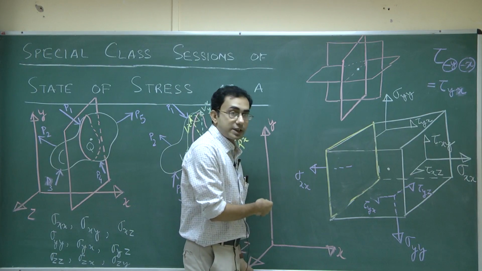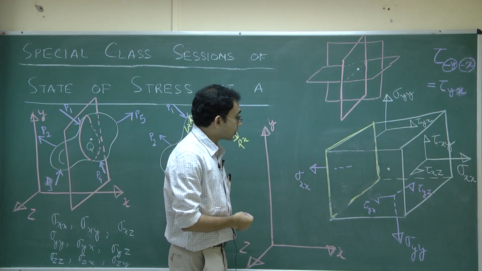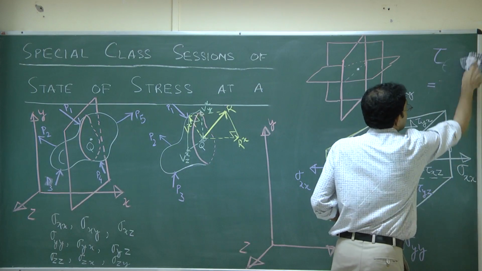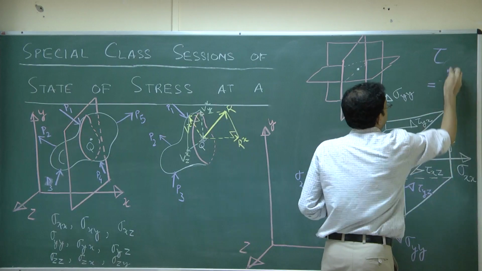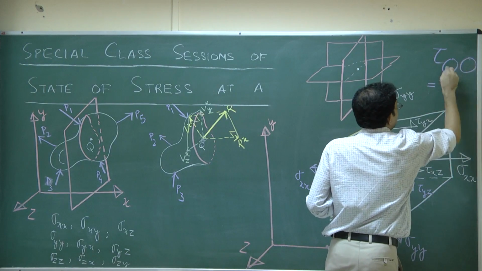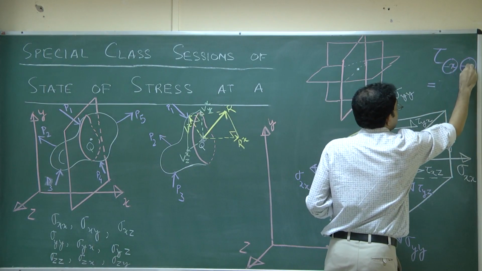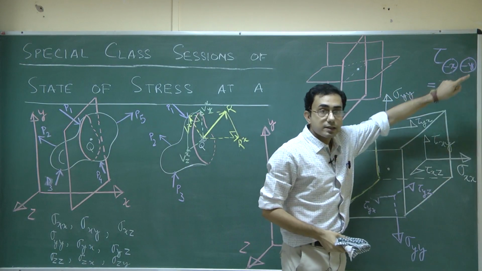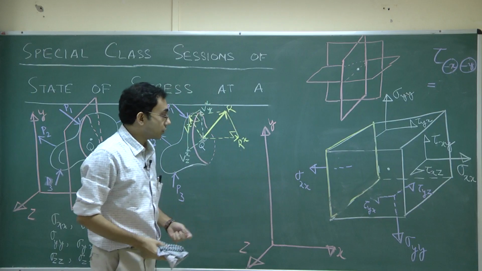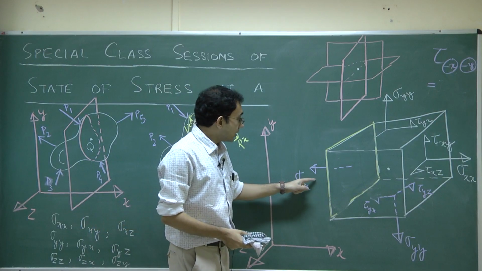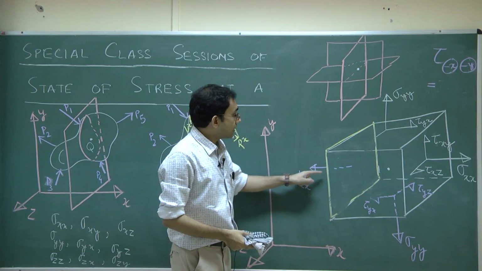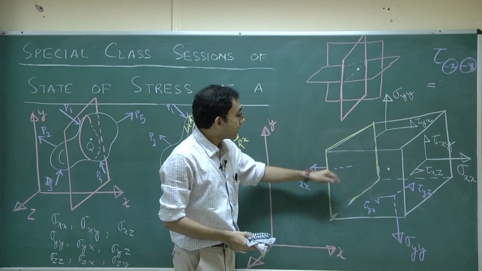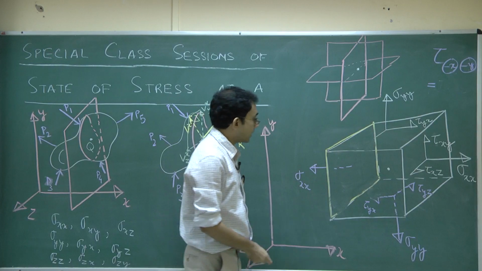Next, for my shear stress component, which is parallel to the y direction, this time I have to use the first one as minus x, the second as minus y. So, this one represents the correct sense of direction of the shear stress. For this plane, the correct sense of direction of the shear stress parallel to the y direction would be along the negative y direction.